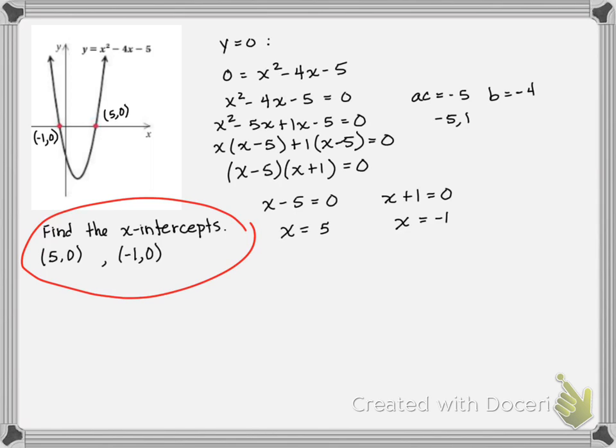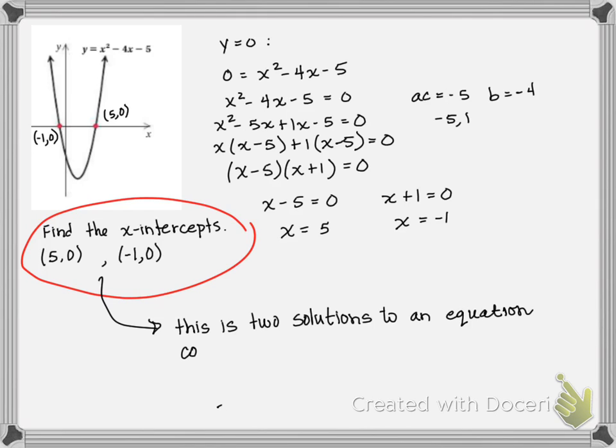So this kind of relates back to what we talked about a little bit earlier about notation, right? This is 2 solutions to an equation containing 2 variables. Right?